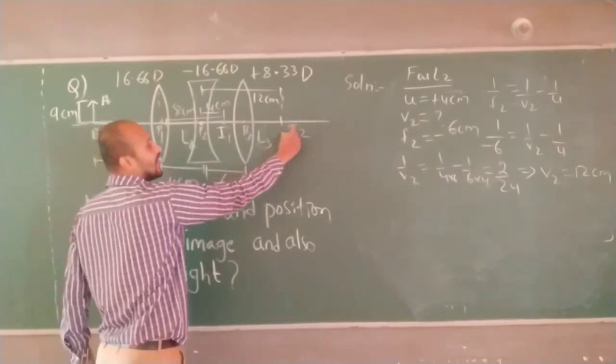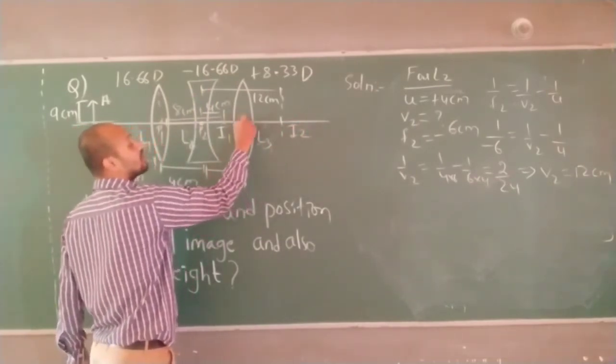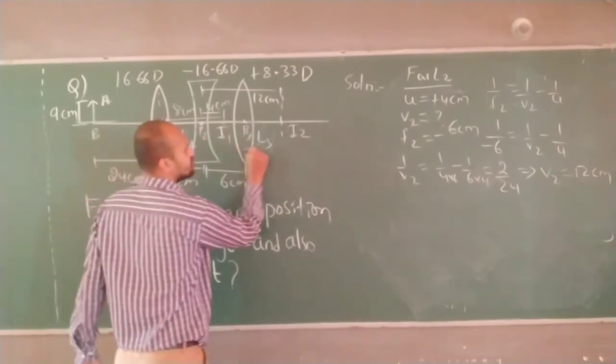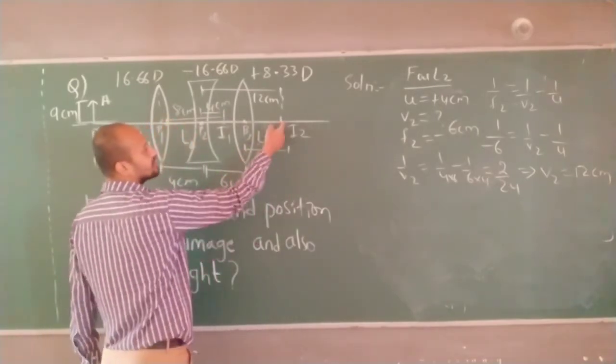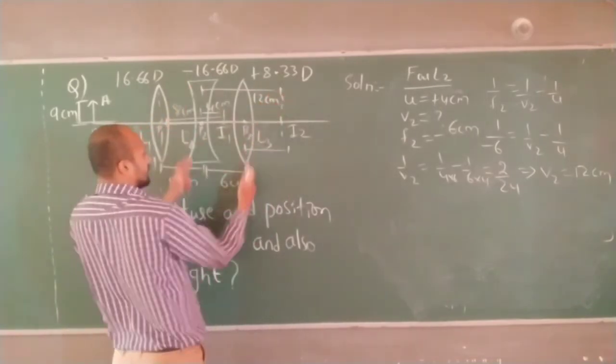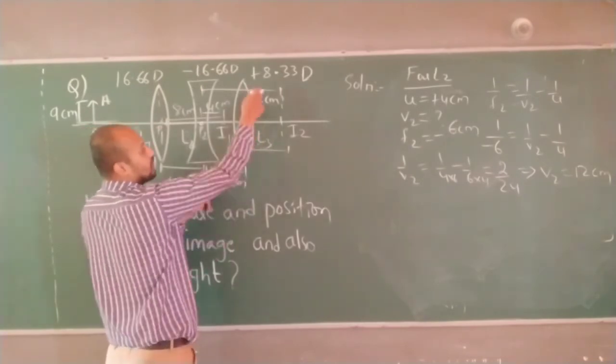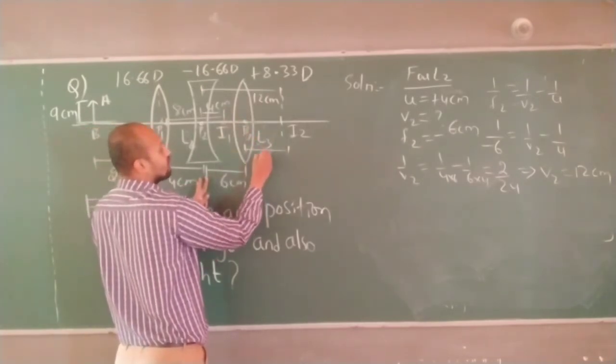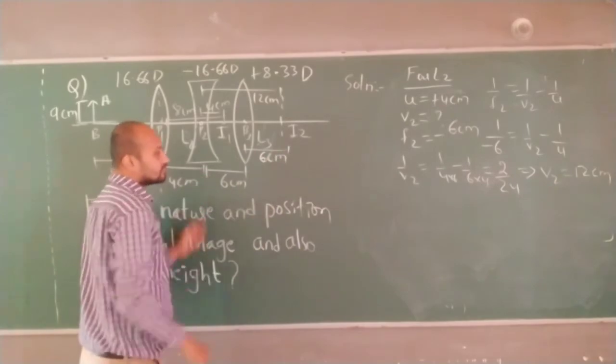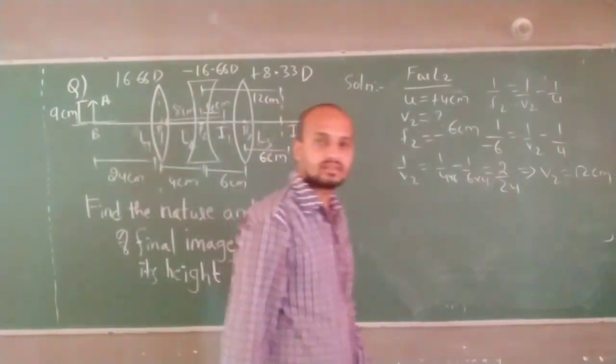Now I2 will act like an object to this convex lens. The object distance is 12 minus 6, so this will be 6 centimeter.